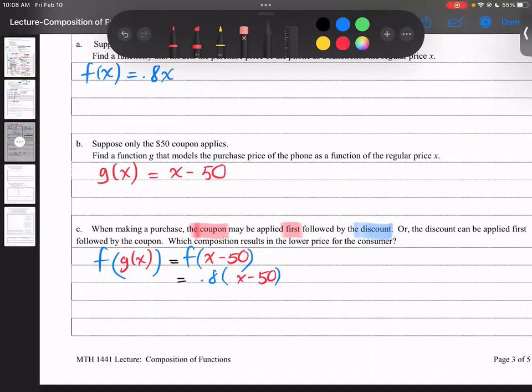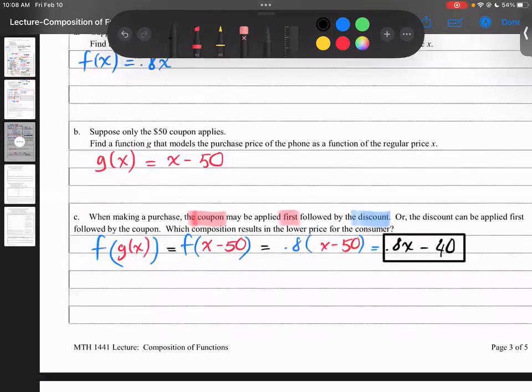So equals 0.8x minus 0.8 times 50, which is 40. Yeah, 40. Thank you. All right, so that's when you use the coupon first and then the discount.